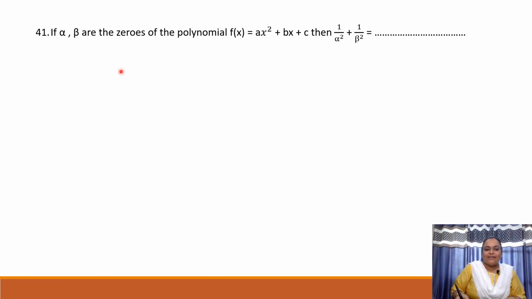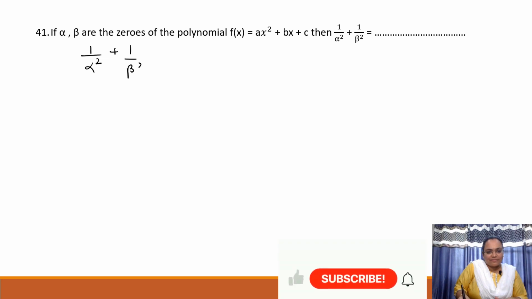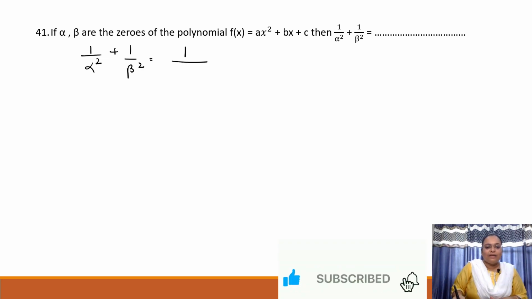So, the next one is, if alpha and beta are the two zeros of the given quadratic polynomial, then we need to find 1 by alpha square plus 1 by beta square. If you take an LCM for this, what will that be? Alpha square beta square, alpha square plus beta square.